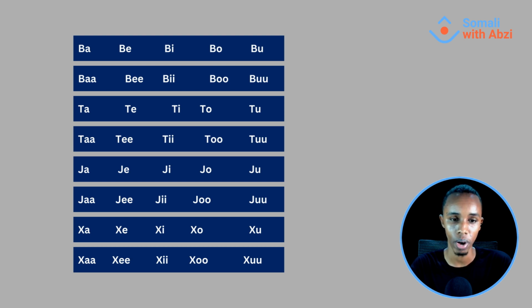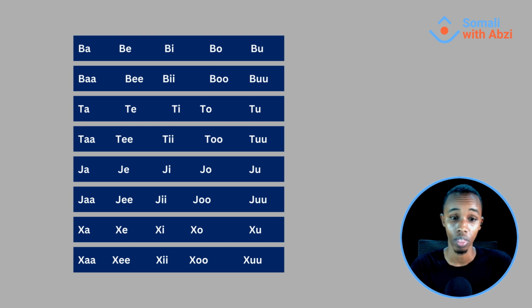What about b plus E? The sound is be. Make sure to think as Somali letters, not the English way. Because in English, B plus E is bee, but in Somali, it should be be, because the E in Somali is an E sound.